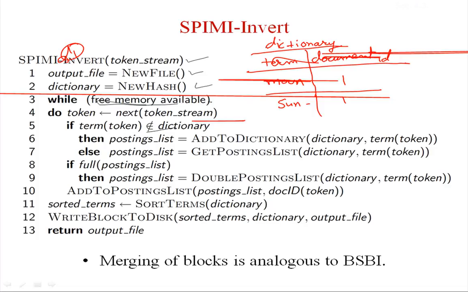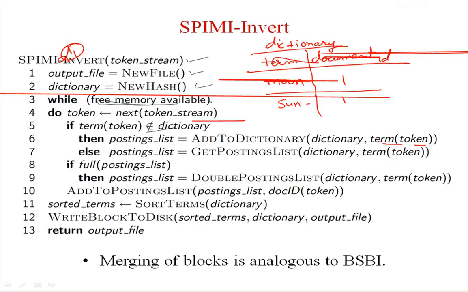Now, if the term token is not a member of the dictionary, then posting list is added to the dictionary for that term and token. Else, posting list is equal to get posting list from dictionary for that term token.